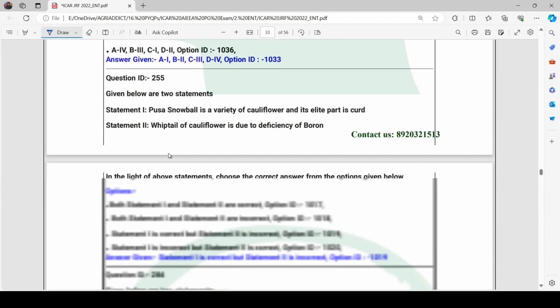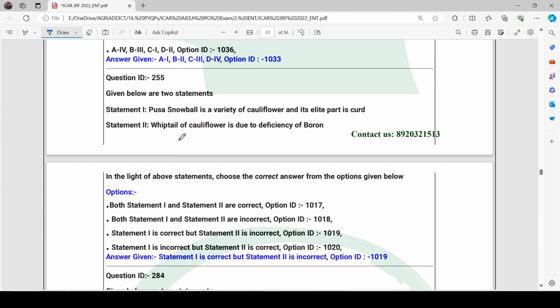Then another statement type question. Statement 1 is, Pusa Snowball is a variety of cauliflower and its edible part is curd. Yes, Pusa Snowball is a cauliflower variety and cauliflower's edible part is the curd that you mainly eat. And then, whiptail of cauliflower is caused due to deficiency of boron. No, this is caused due to deficiency of molybdenum.